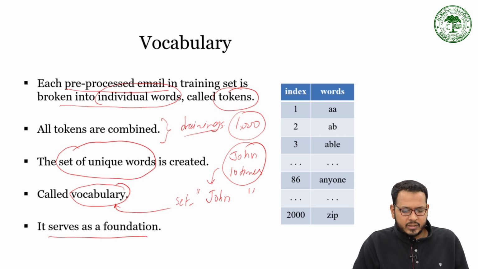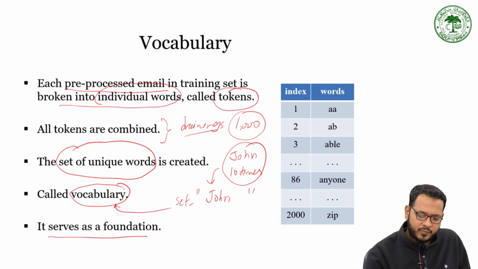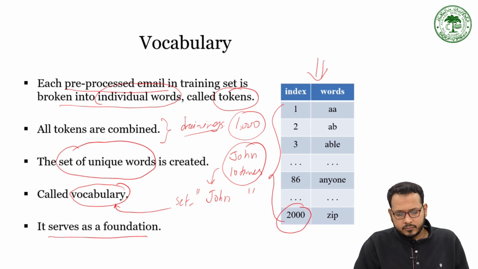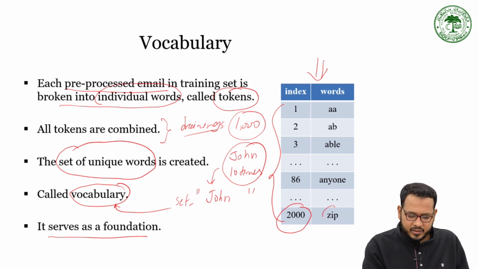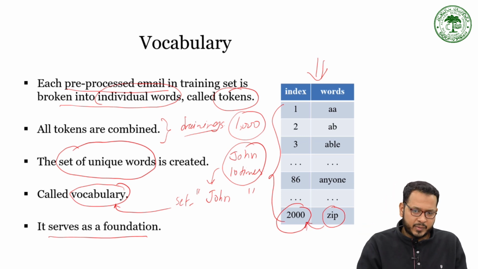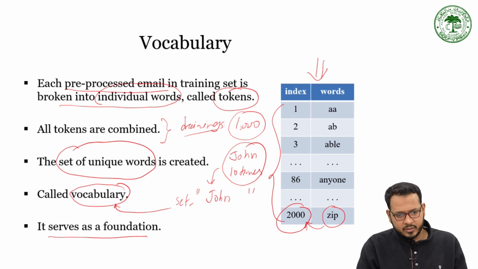Maybe we come up with a vocabulary of a total of 2000 unique words. Maybe the word zip appears last, at index 2000, since if we arrange them alphabetically, zip will come last.